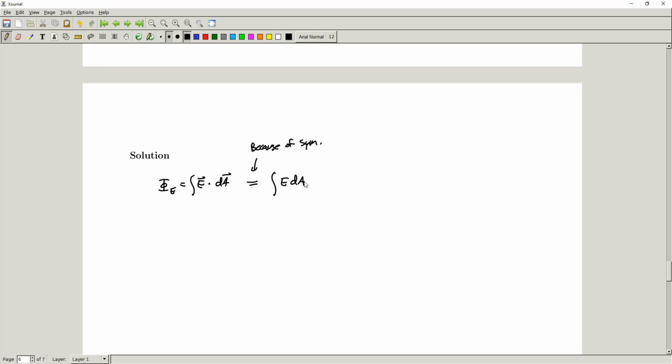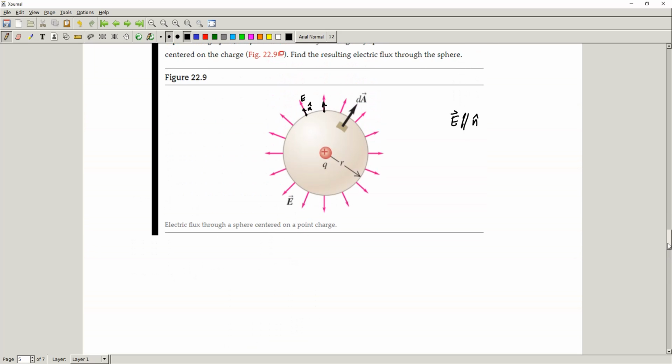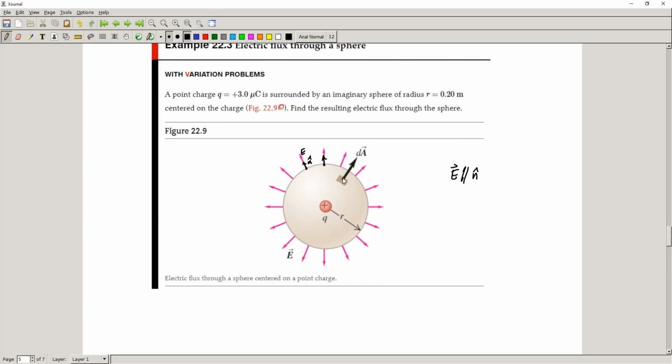And this is much easier for us to deal with, especially in this case, because now that we've done this, our E, although it's not uniform, isn't dependent on what little tile on the sphere we're looking at, right? Because it's the same at every point, because we're always a distance r away, and we're always pointing in the same direction as our normal vector.